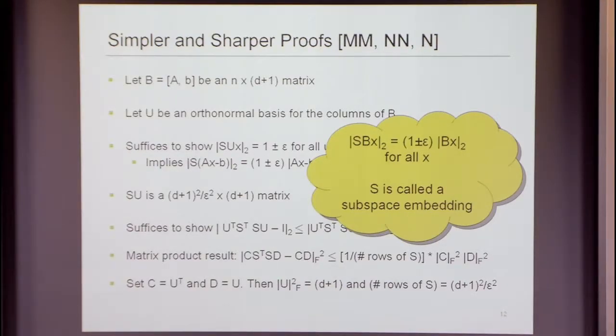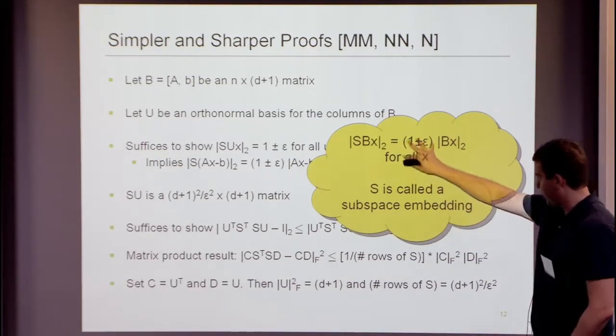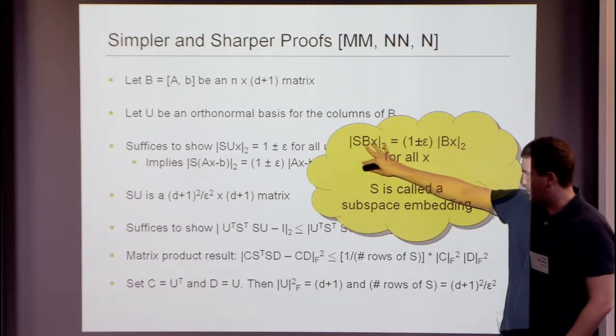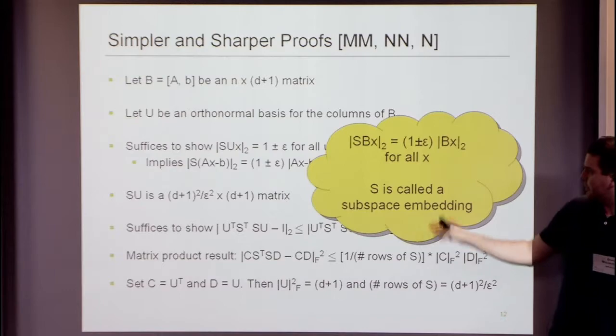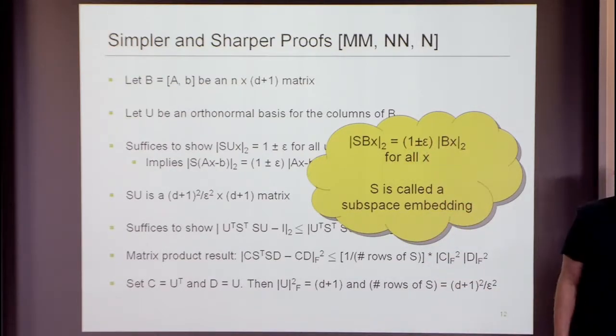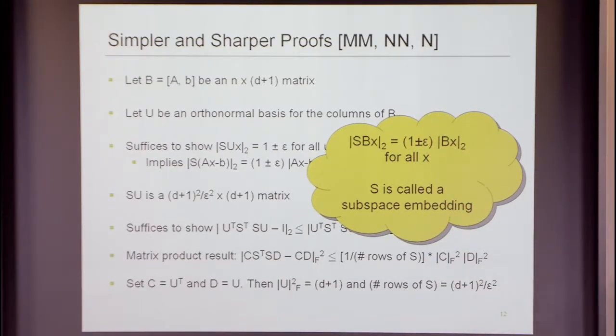Okay. So I'm just going to give a name for this. When I preserve the entire column space of a matrix B, so every norm is preserved up to 1 plus epsilon, I'm going to call that a subspace embedding.